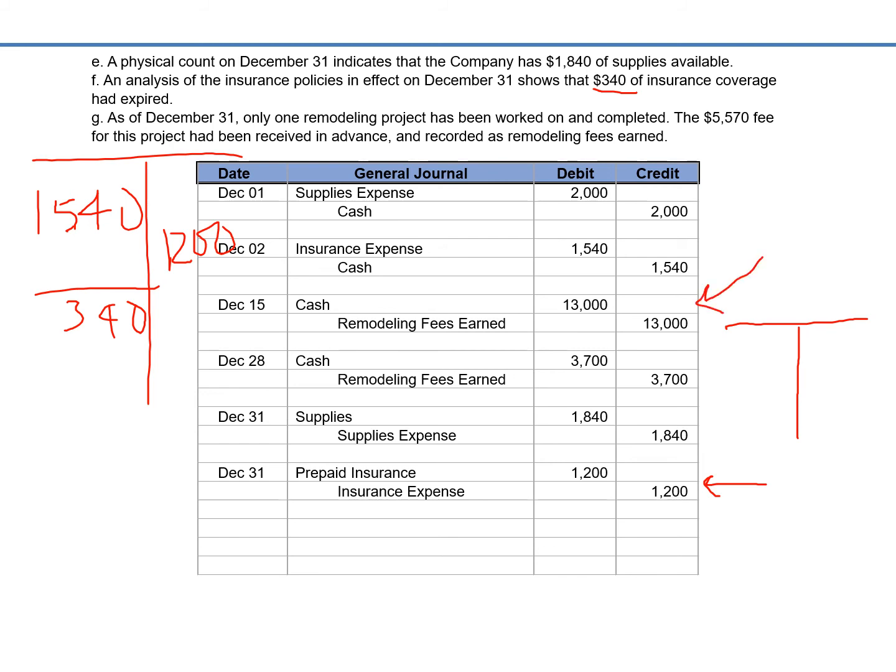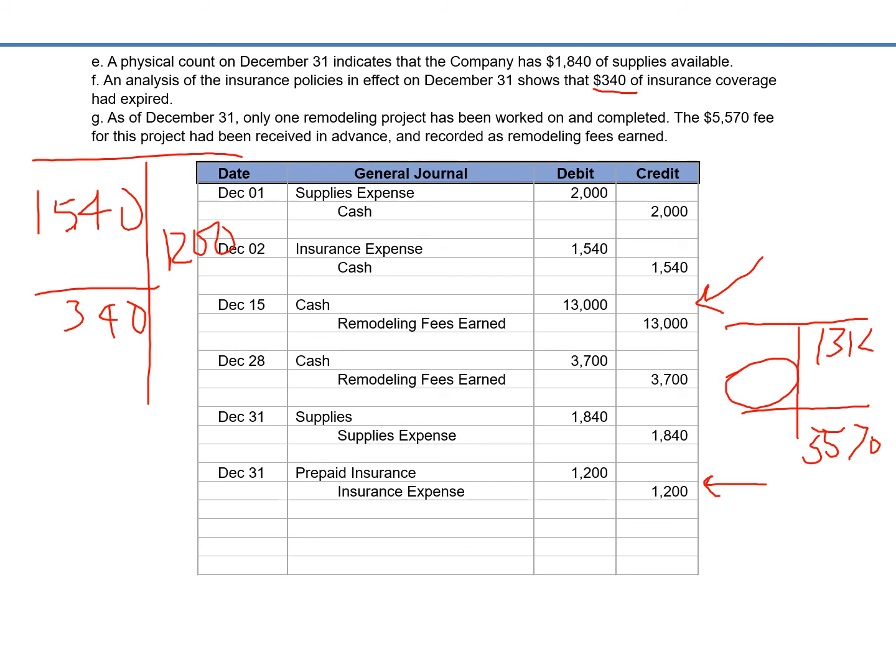Only one of these projects has been completed. So our balance in our revenue account is $13,000. Our balance is $13,000, but what they're telling us is it really should just be $5,570.